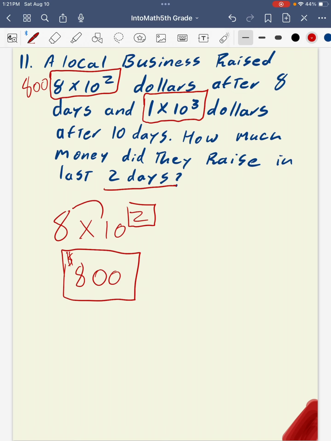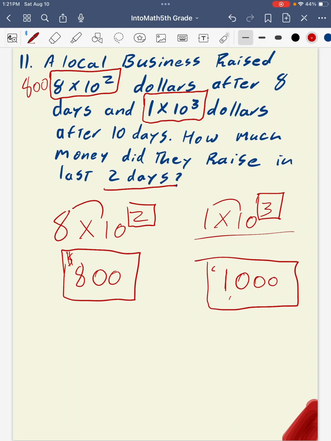By the 10th day, they had raised 1 times 10 to the third power. This 3 as an exponent tells me that I have 3 zeros behind my answer. Now I multiply 1 times 1, which gives me a product of 1. After 10 days, the company has earned $1,000.